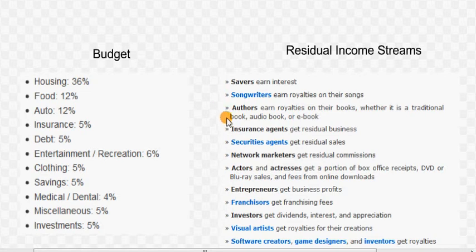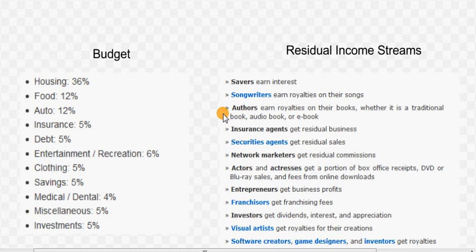The same thing happens if you are an author. You can have someone write an ebook for you, or you can write it yourself, upload it to sites like Amazon.com using their Kindle system, and have somebody download that book and then pay you on an ongoing basis.